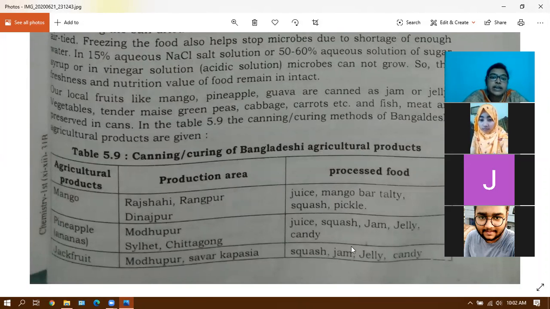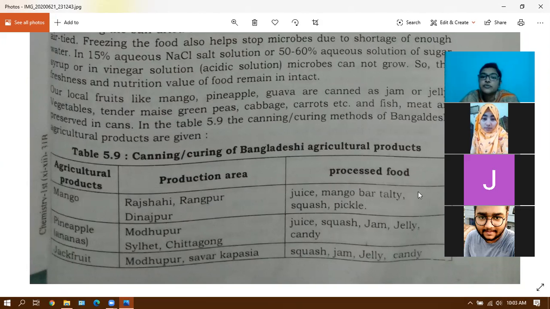Table 5.9. Here is given a chart. Look, there are 3 columns. First column is given agriculture product. Mango, pineapple, jackfruit, banana. And third column is processed food. That means raw material, mango, pineapple, jackfruit.